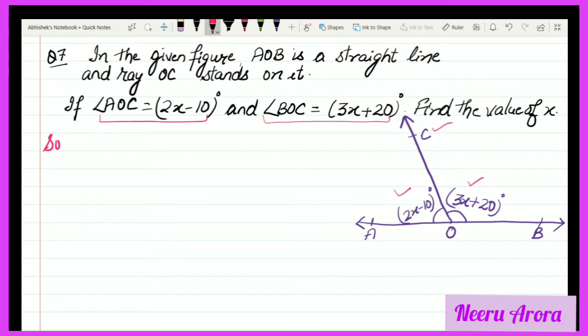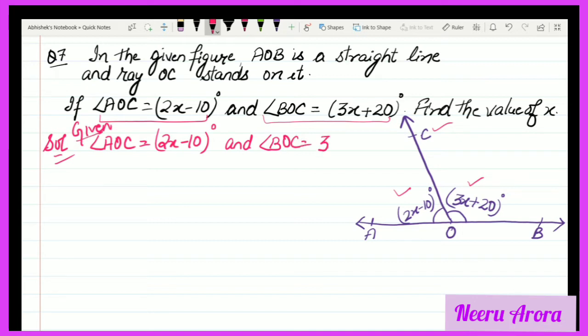Here angle AOC is equal to 2x minus 10 degrees and angle BOC is equal to 3x plus 20 degrees. So AOC and BOC are two adjacent angles on a straight line, so this forms a linear pair.